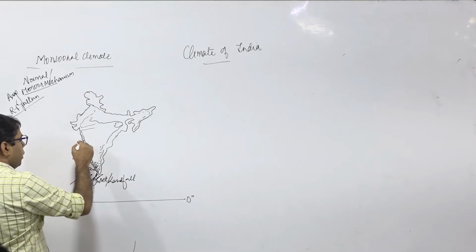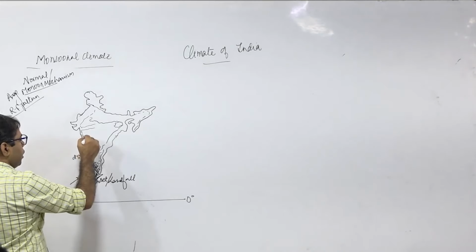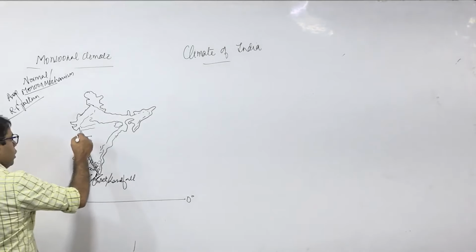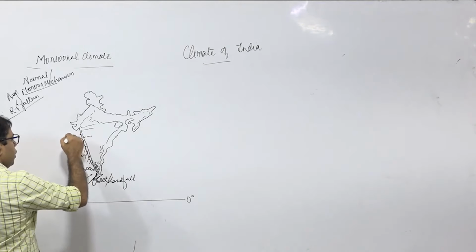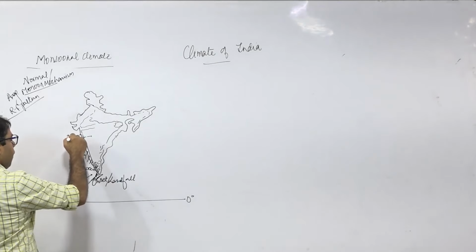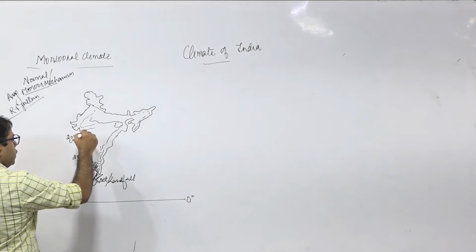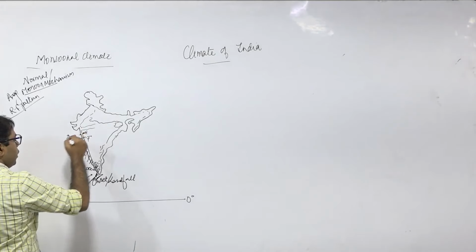There is the Palghat gap, the wind enters through the Palghat and over the Deccan Plateau, the Deccan lava plateau. Mumbai receives rain of about 200 centimeter, and there is Nasik on the leeward side, and there is Pune.